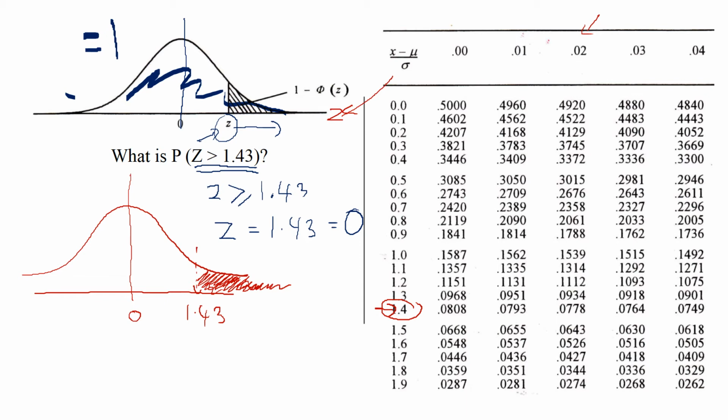So for 1.43, we find where this column intersects with that row.